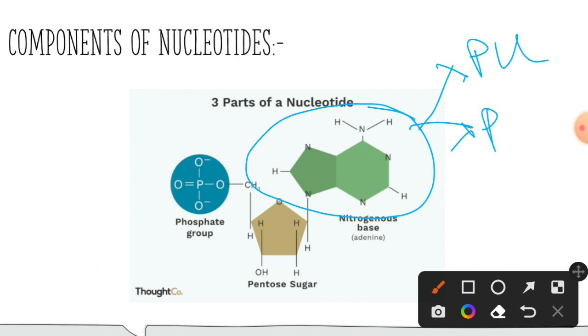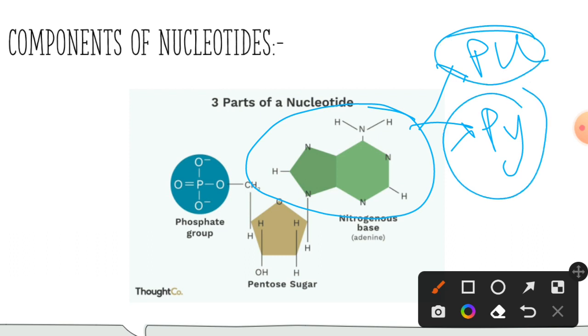We will not talk about their structure now; we will talk about this in other videos. The second is pyrimidine: thymine, cytosine, and uracil, although uracil is in the case of RNA. Those three are pyrimidines, and adenine and guanine are purines. Here I have taken the structure of a purine, but there can be the structure of a pyrimidine. Both are considered nucleotides.